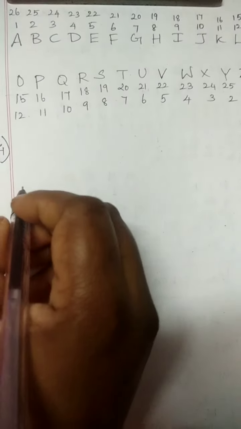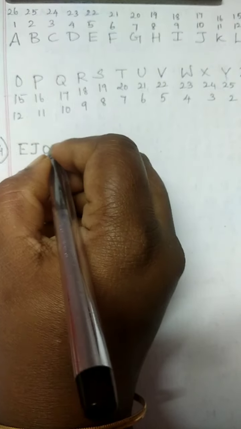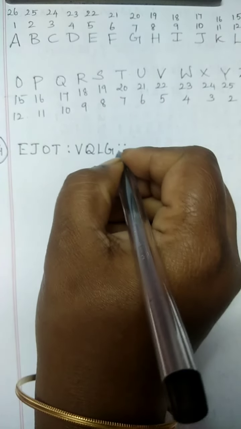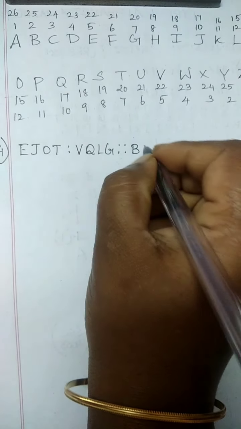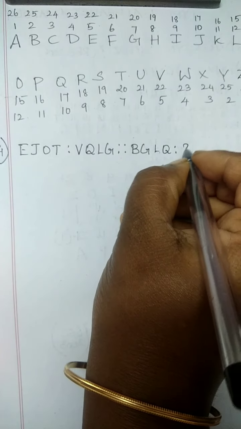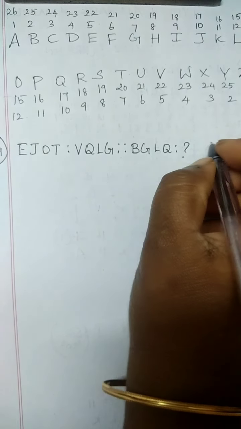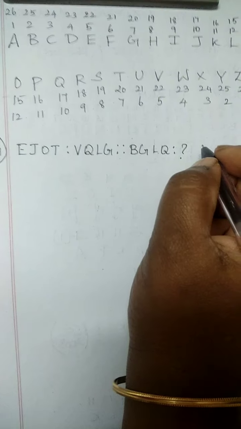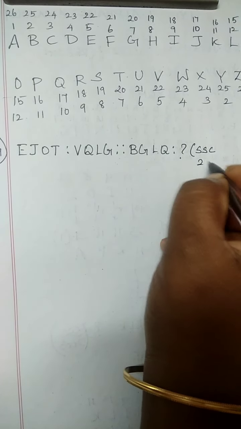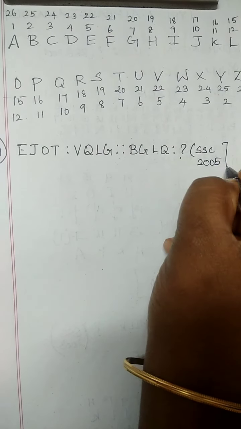The question is: E, J, O, T, V, Q, L, G, B, G, L, Q, and then question mark. This question was asked in the SSC exam 2005.